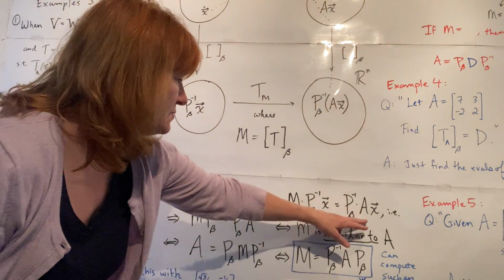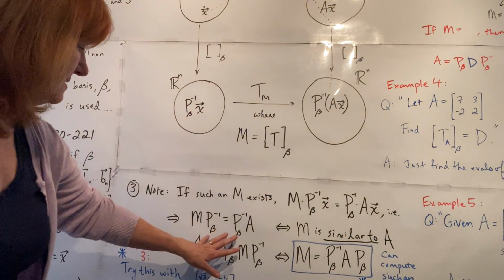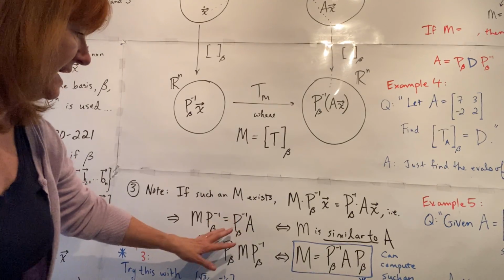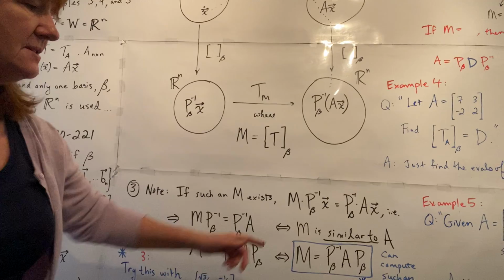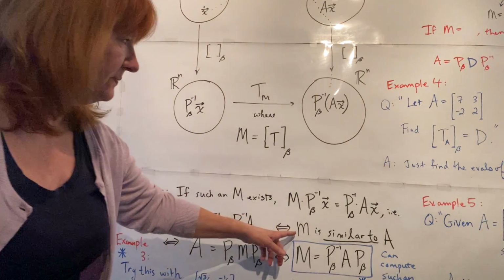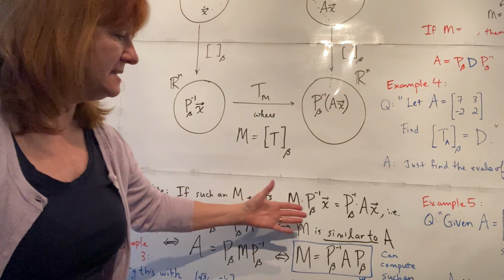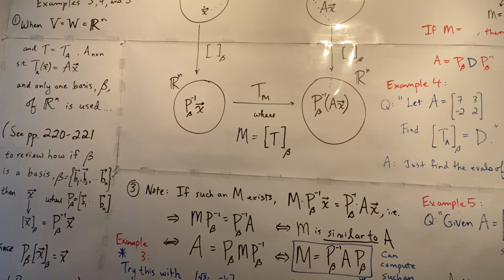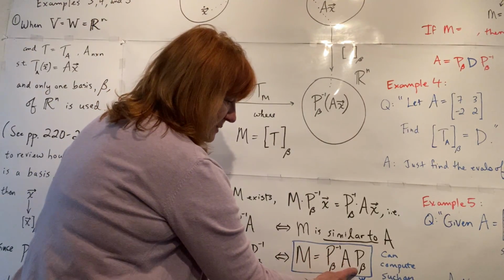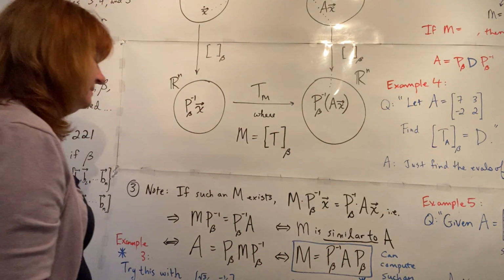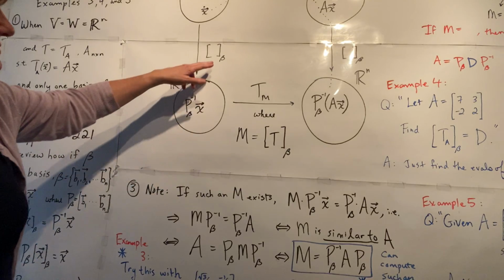Well, that's only going to be true if this equation is true, and that equation is equivalent to this one, is equivalent to that one. Take any form you like, it's all saying that M, if such a matrix exists, has to be similar to A with respect to that basis beta. And in the columns of P sub beta will be those basis vectors beta.